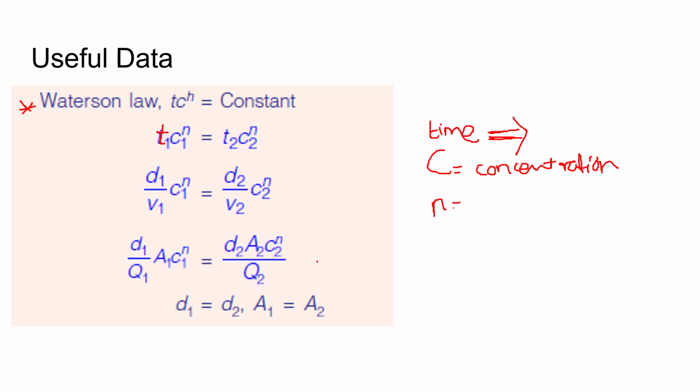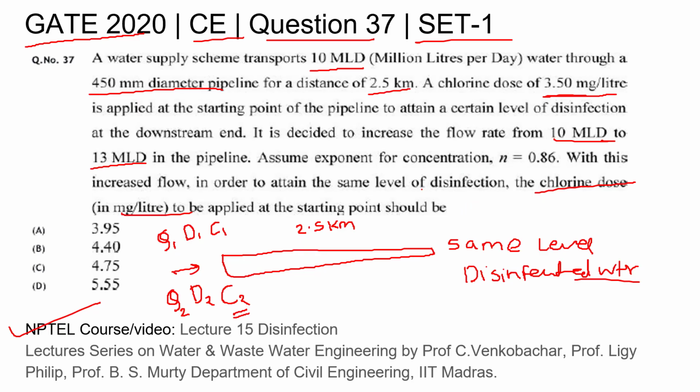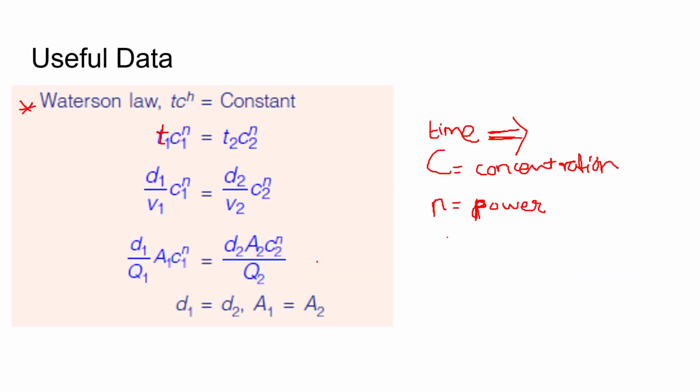Here n is the exponent by which the concentration is applied. There is a relation, and we assume this exponent for concentration is 0.86, which changes with various chlorine types and coefficients. In this case n is given as 0.86.